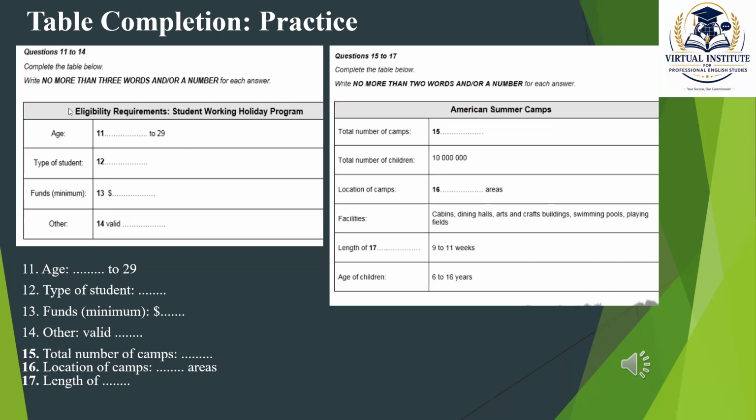Read the instructions first, read the keywords here, then also predict the things that you may expect here, and then we will try to fill the gaps by listening to the audio. So you have 30 seconds to read these questions. First, read questions 11 to 14.